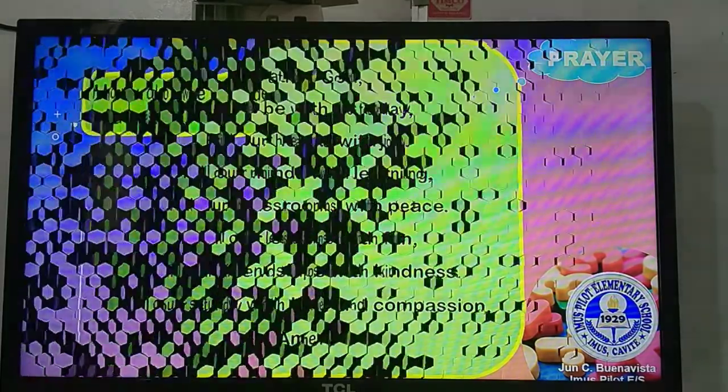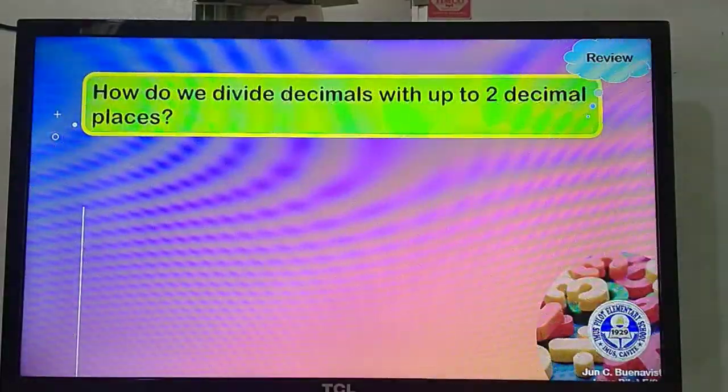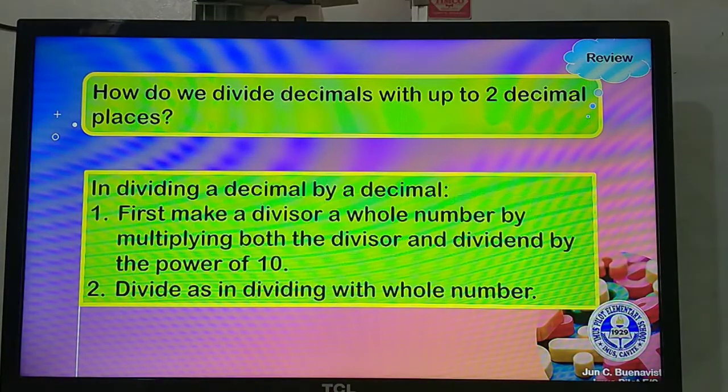Last week we studied dividing decimals. So again, how do we divide decimals with up to 2 decimal places? Very good. In dividing a decimal by a decimal, first, make the divisor a whole number by multiplying both the divisor and dividend by a power of 10. Or you can also move the decimal point of the divisor to the right.